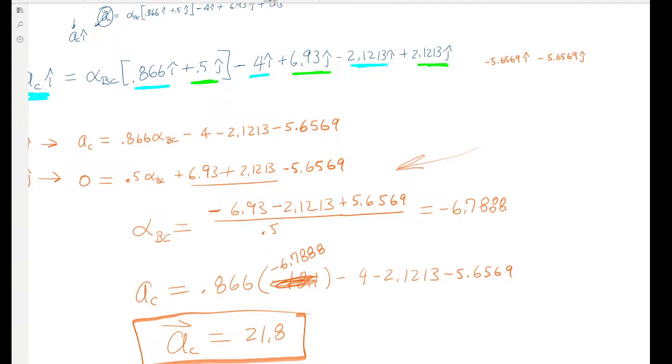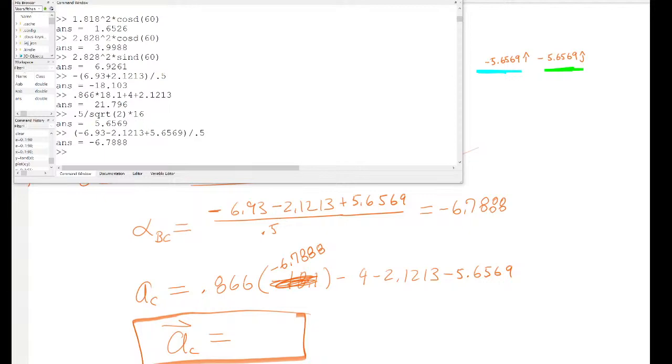I should have gone back, and that would be a green, and this would be a blue now. And let me get back down here, and let's see. .866. Let's go ahead and put a minus sign in front of that. Times 6.738 minus 4 minus 2.121.